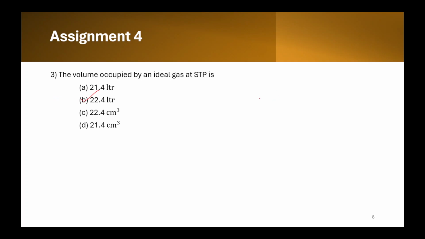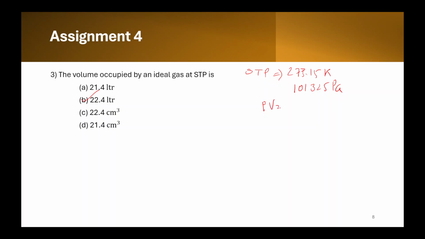So we can also compute that value. STP is 273.15 Kelvin and pressure is 101325 pascals. So we can compute the volume from here.